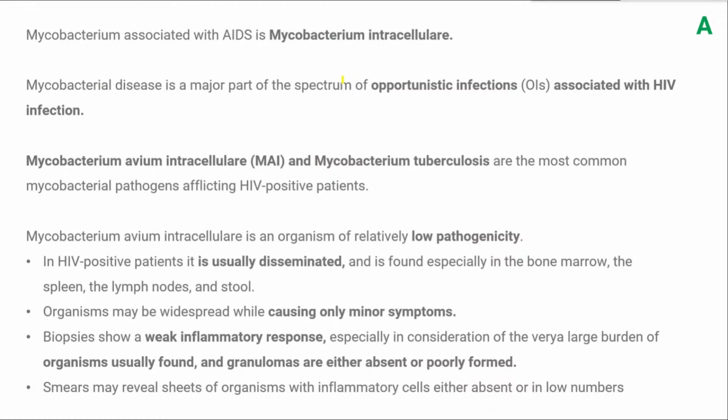The unfortunate thing about intracellulare is it's an opportunistic pathogen only, and it doesn't have much pathogenicity at all. It doesn't do much, but it takes a big course when it comes to HIV infection. It is one of the most common opportunistic infections associated with HIV, and when it occurs in an HIV patient, it will become very disseminated and have an increased count of the microbe within the patient's body.